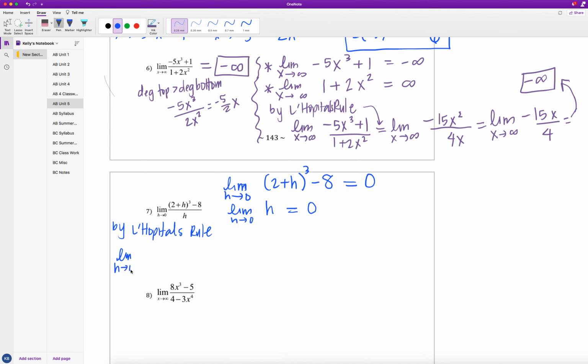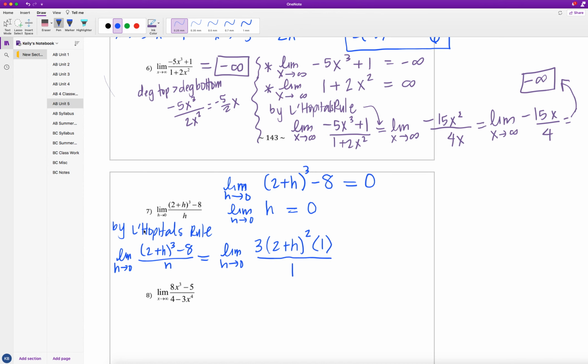So using L'Hopital's rule, I know that my original limit, which was this (2 plus h) cubed minus 8 all over h, is equal to the limit as h approaches 0 of, using the chain rule here, 3 times (2 plus h) squared times the derivative of the inside, which is 1. The derivative of negative 8 drops to 0, all over the derivative of h, which is equal to 1.